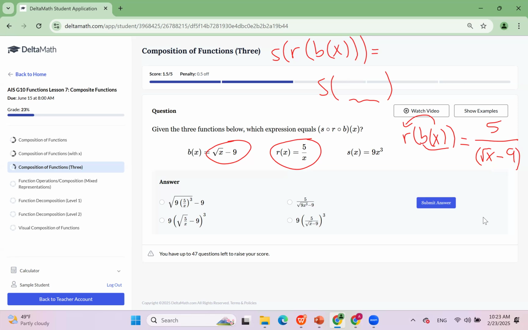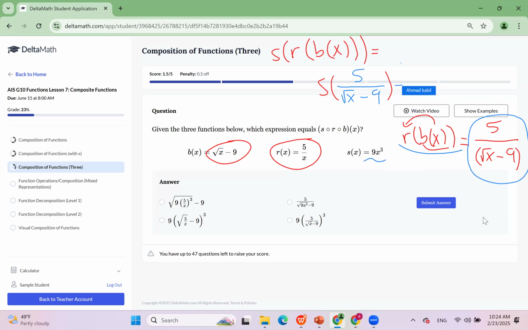Now, this is equivalent to r of b of x, which is what we need to put inside the s. So inside the s, we have 5 over root x minus 9. So s of this expression means that we go to the s and we replace the x with a bracket.